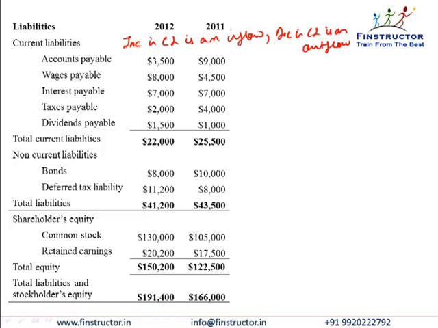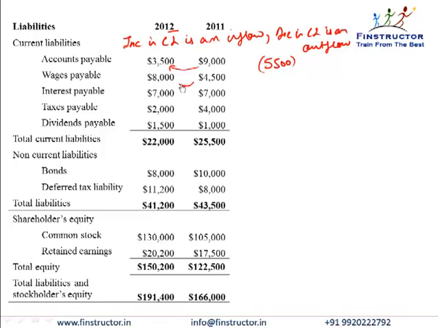Let's understand. If accounts payable goes down from 9,000 to 3,500, or by 5,500, that means not only did we pay for this period's raw materials, we also paid our outstanding dues in 2012. So in 2012, we spent an additional $5,500 that will reduce my cash, so a decrease in a current liability is an outflow.